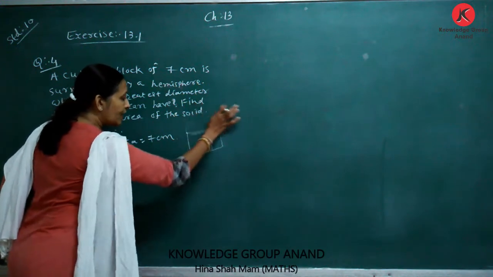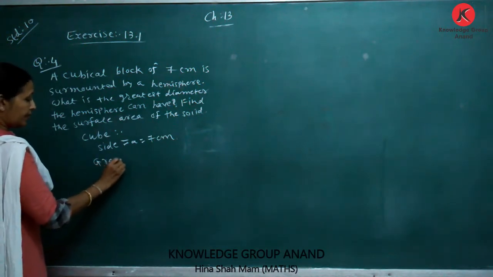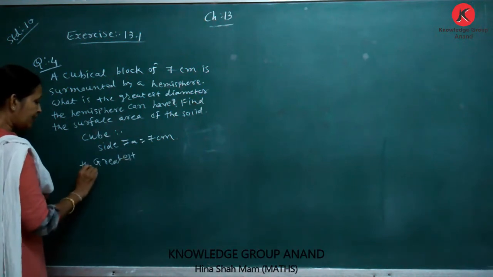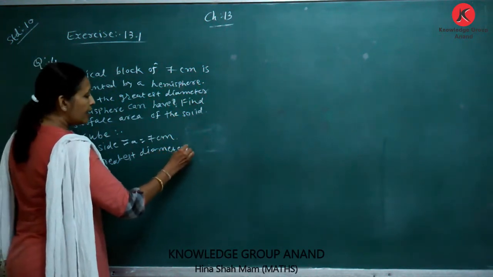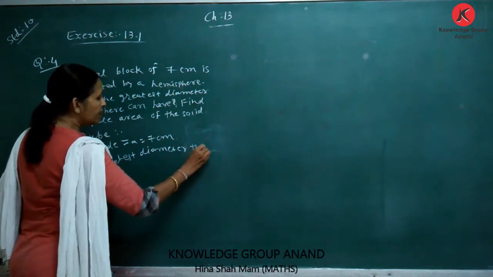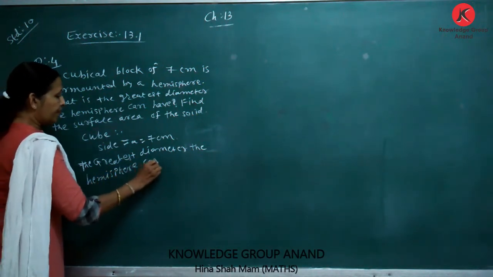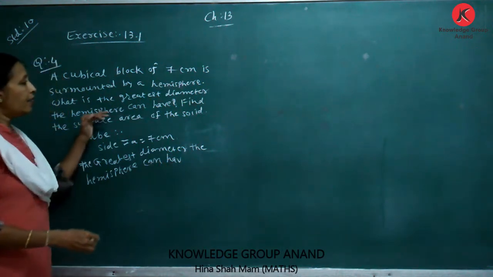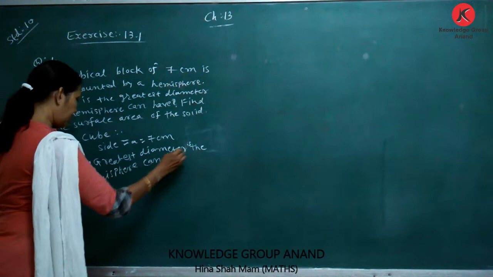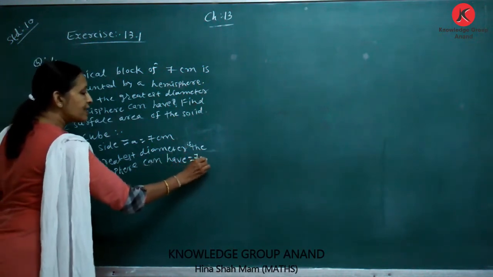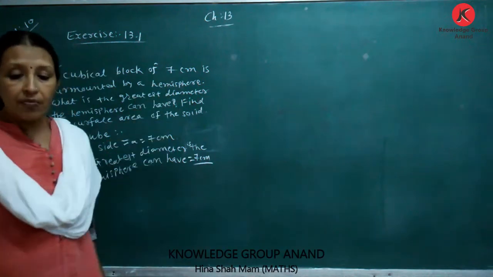Then we say that the greatest diameter the hemisphere can have is equal to 7 centimeter.